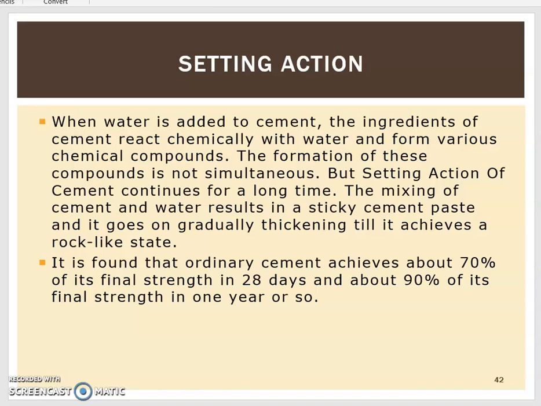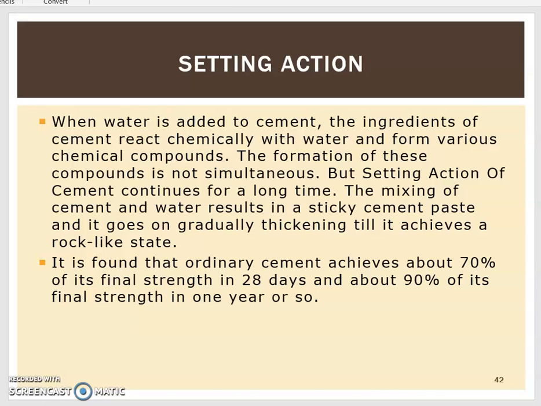The mixing of cement and water results in a sticky paste. This paste will go on gradually thickening till the cement hardens and gives you a rock-like structure. It is found that in ordinary cement, around 70% of its final strength will be achieved at the end of 28 days.